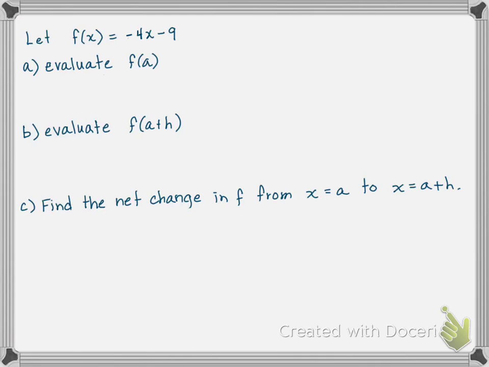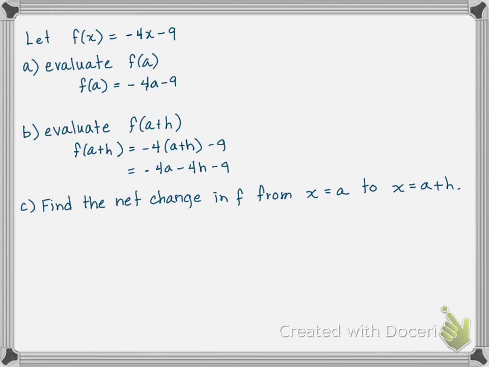Okay, so we had f of a equals negative 4a minus 9, and f of a plus h equals negative 4 times a plus h minus 9.